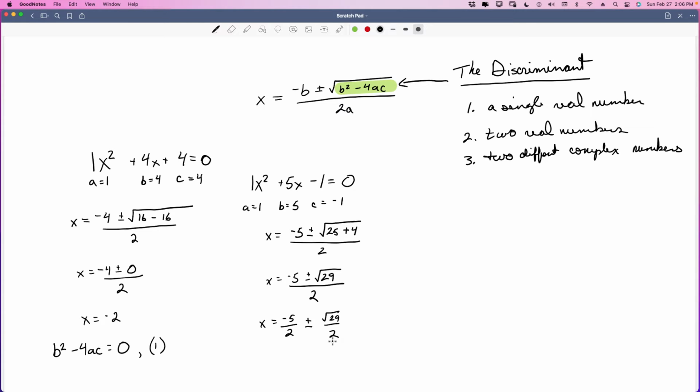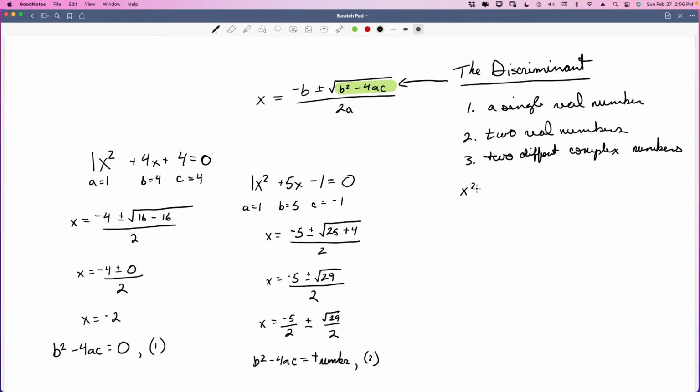So that would be two real solutions. So when b squared minus 4ac equals a positive number, then it goes with rule 2, two real numbers. So we just have one more rule to check out.